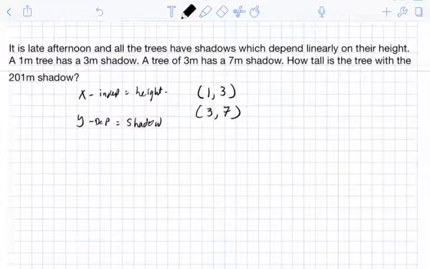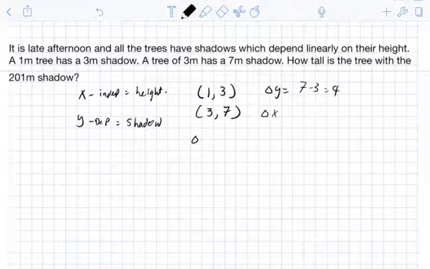All right. So delta, maybe I'll do it over here. Delta y is 7 minus 3, which is equal to 4. Delta x is 3 minus 1, which is equal to 2. The slope is 4 over 2. The slope is 2.